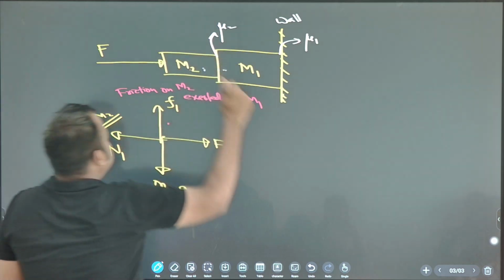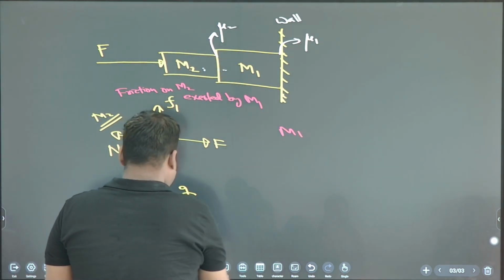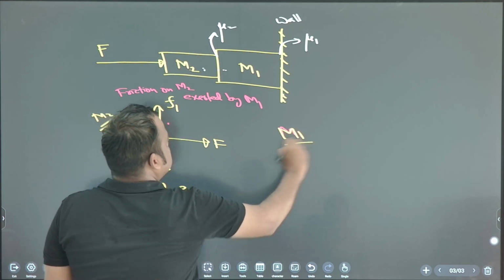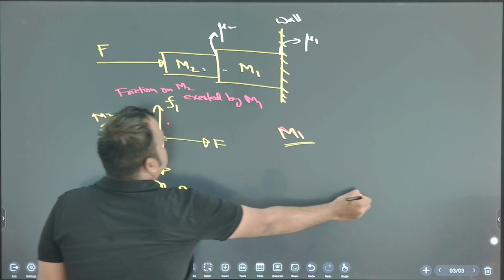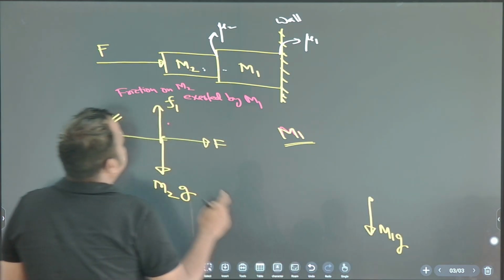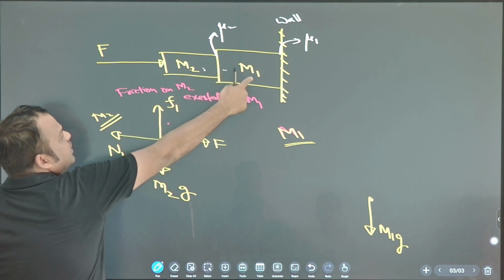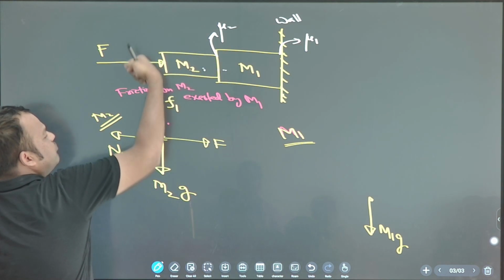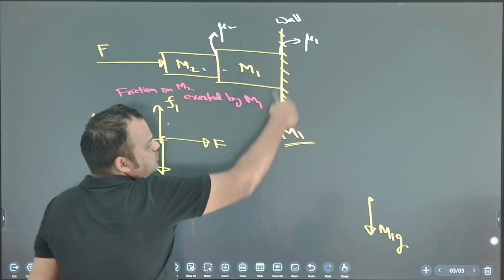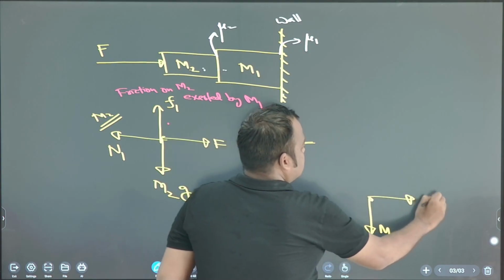Now come to M1. M1g downward. M1 exerts normal on M2 to the left, so M2 exerts normal on M1 to the right. Very good. So this is N1.